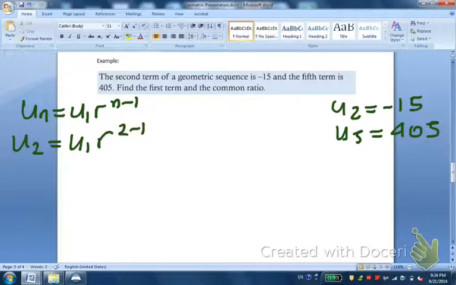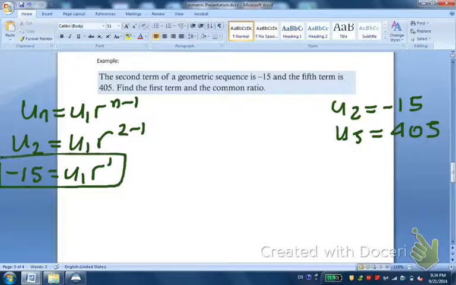So we wrote down the equation for u of 2. What is u of 2? U of 2 is negative 15. So negative 15 is u of 1 r to the 1. Let's put the first one in a little box here, save it. Call it equation 1.